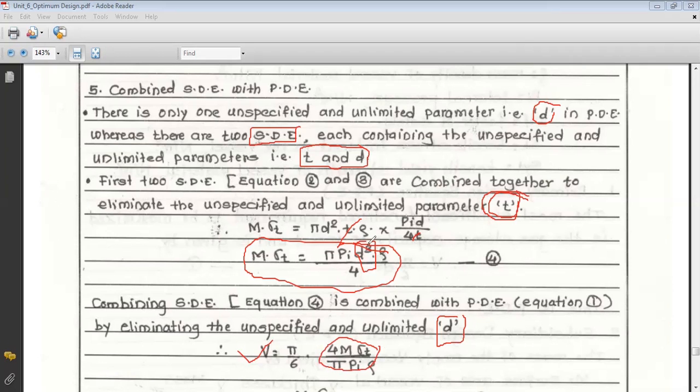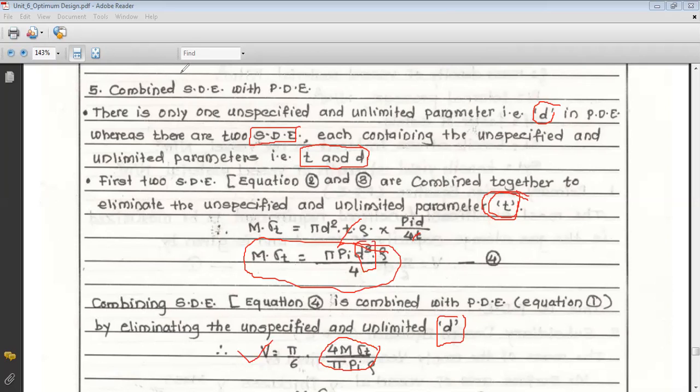So the value of d cube has 4 in the numerator, and pi and rho are in the denominator. So your equation becomes pi by 6 into 4 m sigma t upon pi into rho.